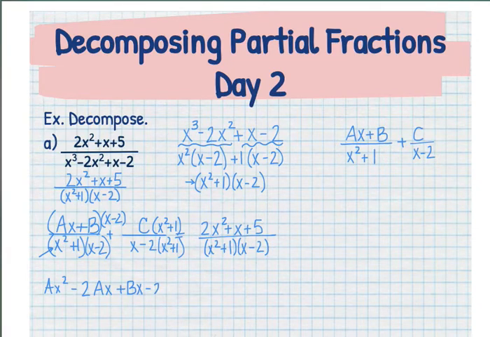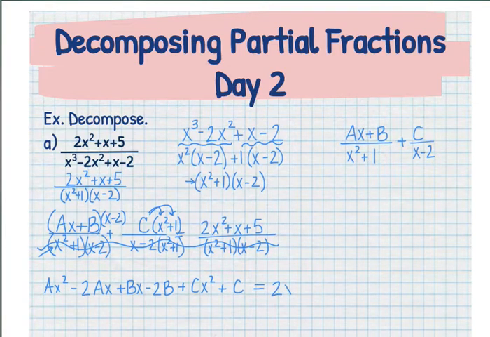B times negative 2 is negative 2B. Remember, since we have a common denominator now, we pretty much just ignore it. All right, let's go ahead and distribute C out as well. We get Cx squared plus C times 1 is C. And we want that to be equal to 2x squared plus x plus 5.